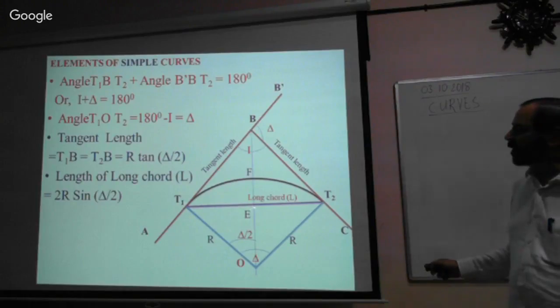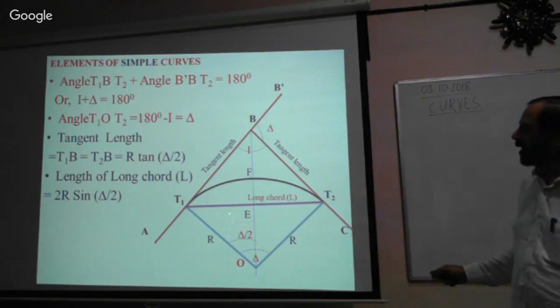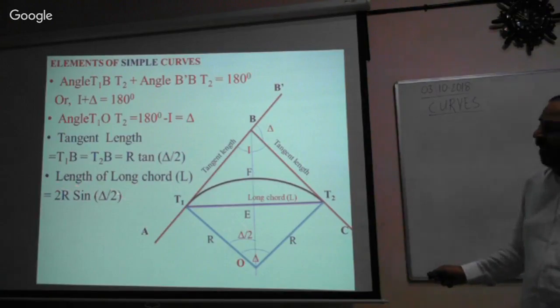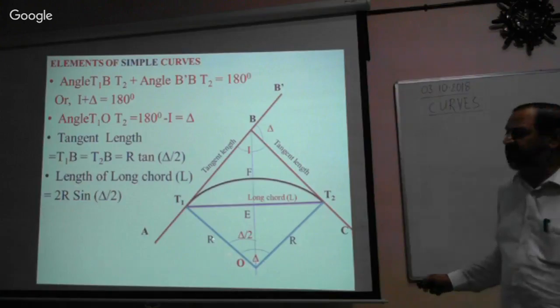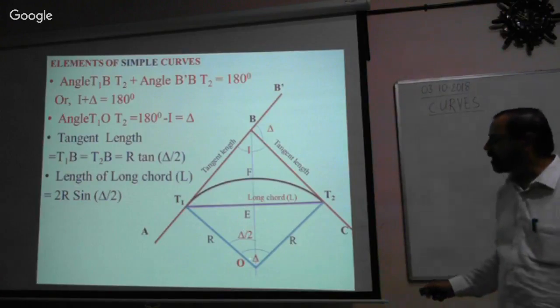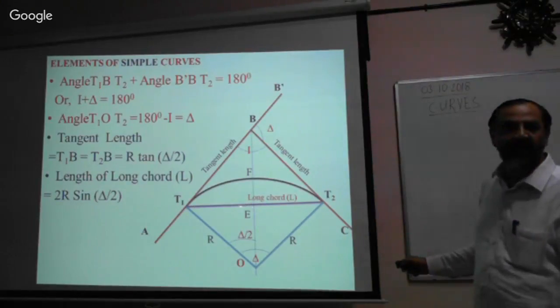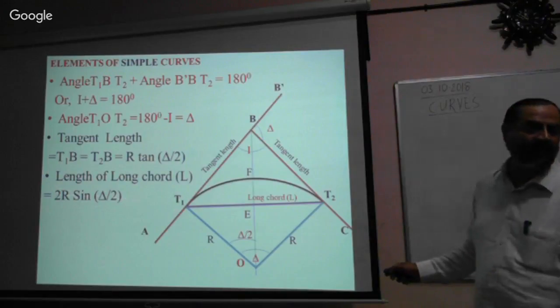If we solve this triangle, we get L by 2 is equal to R sine delta by 2.